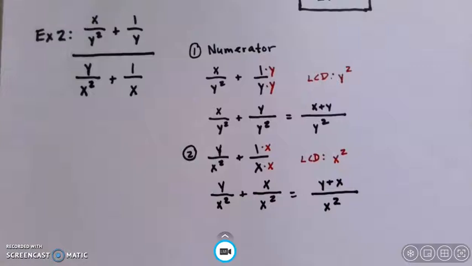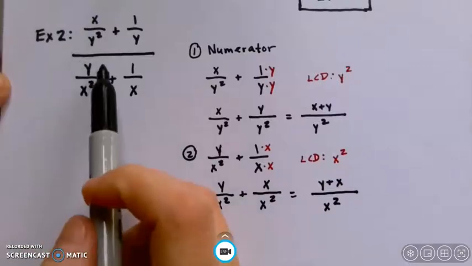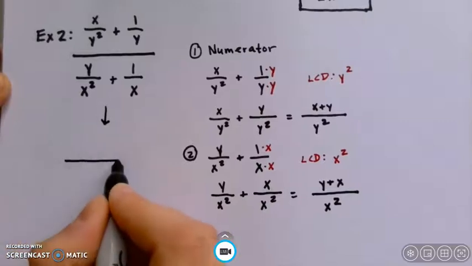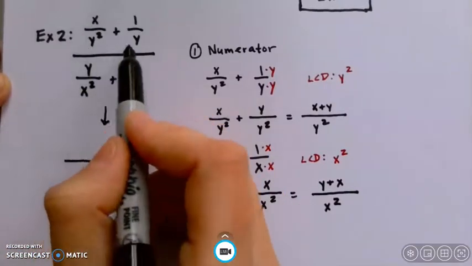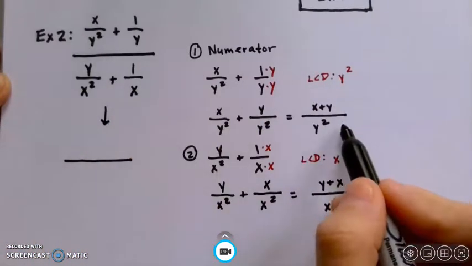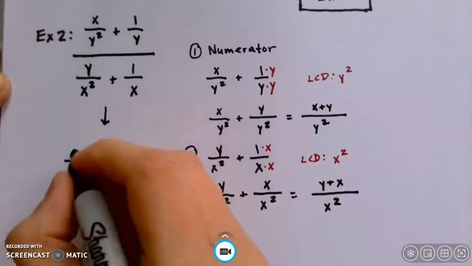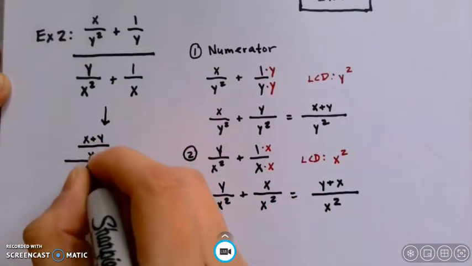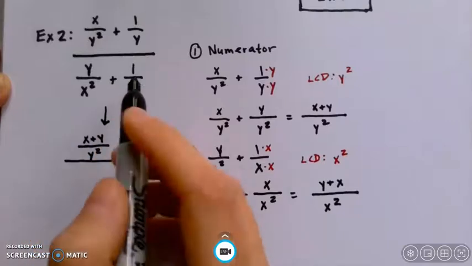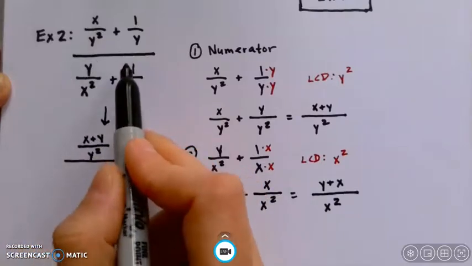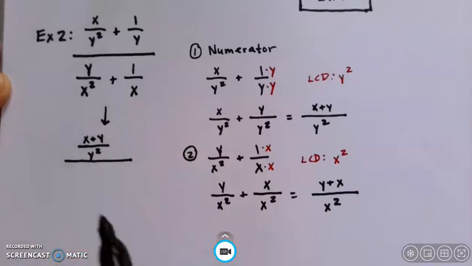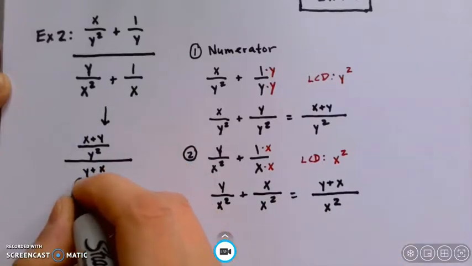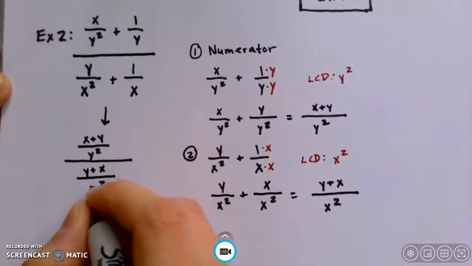What I'm going to do now is rewrite the original problem. I know that my numerator that used to look like this can actually just be written as x plus y over y squared. And what used to be this complex denominator can now be rewritten like this: y plus x all over x squared.